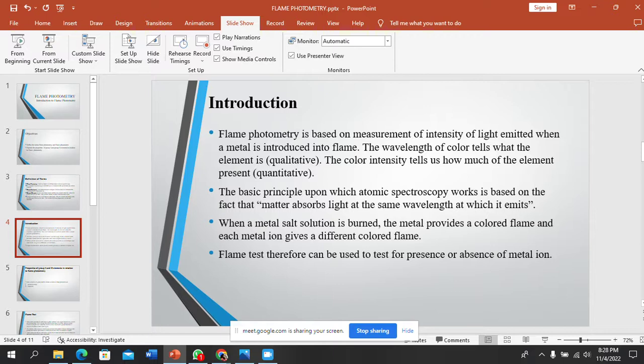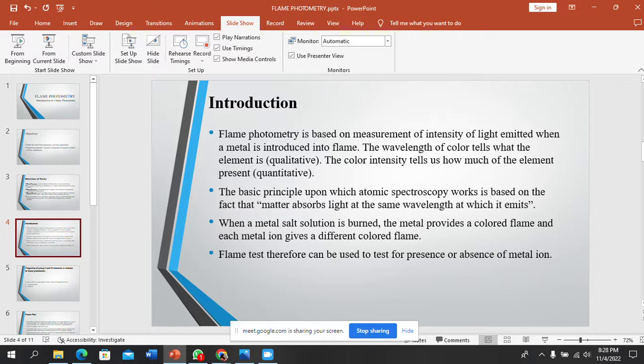We know that there is a basic principle upon which atomic spectroscopy is based, that is, matter absorbs light at the same wavelength at which it emits.